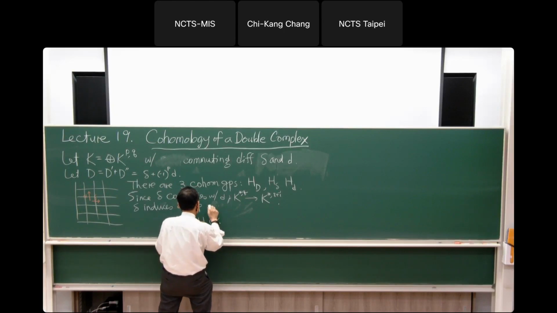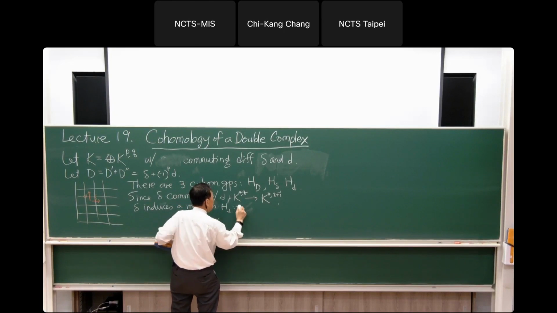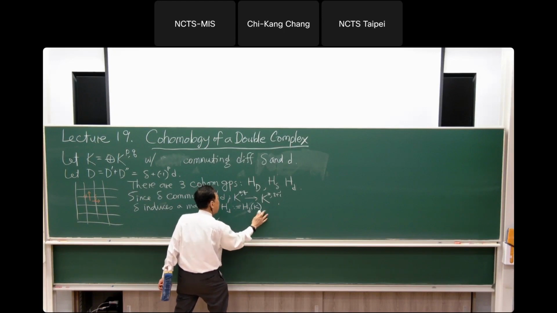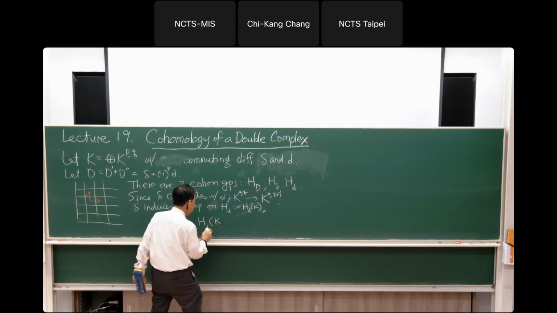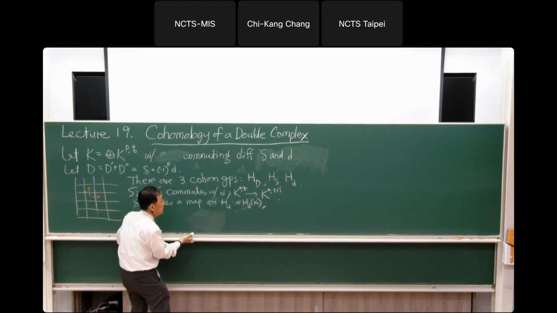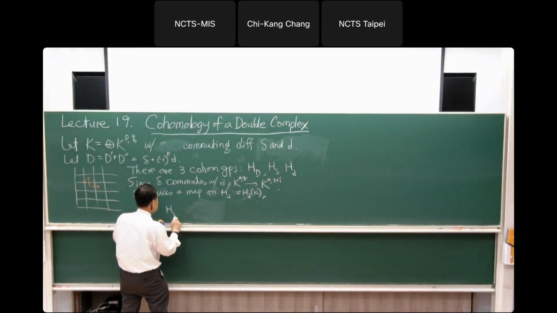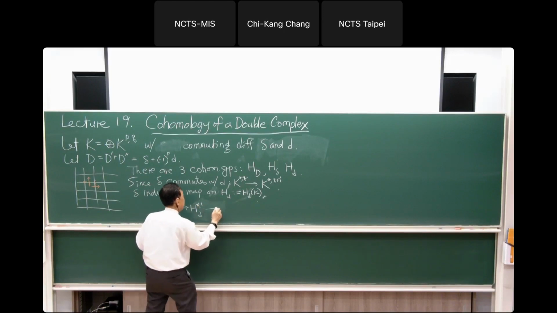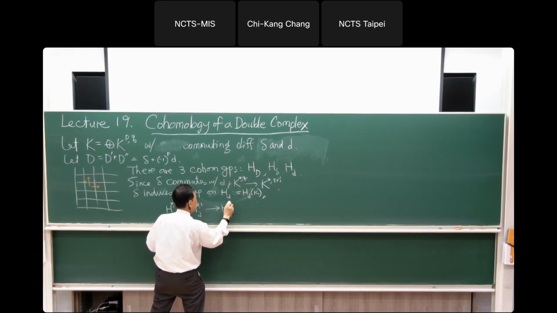On H_d, which is the shorthand for the d cohomology, delta is going to go from H_d^{*,0} to H_d^{*,1}, H_d^{*,2}, and so on.